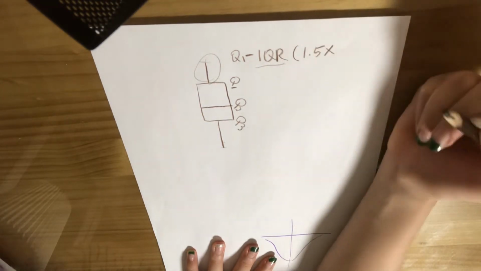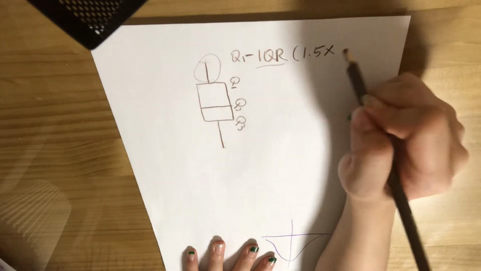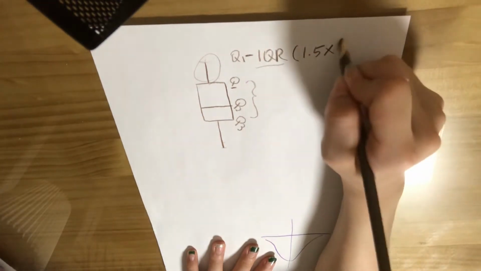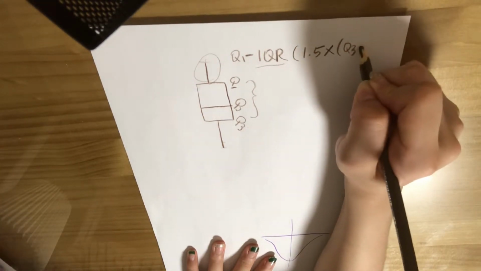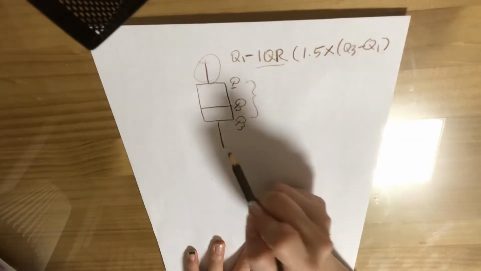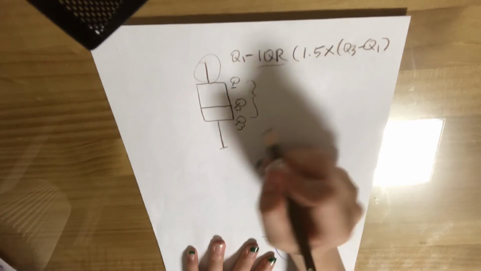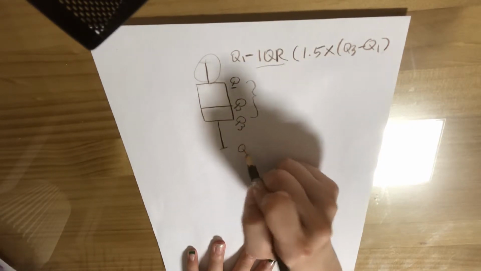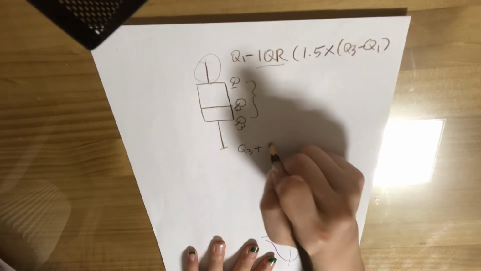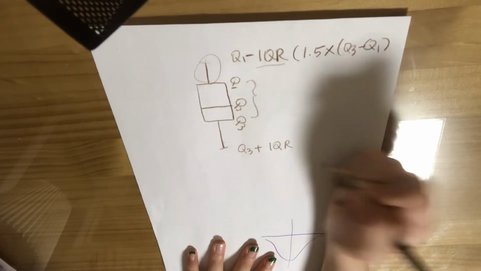1.5 multiplied by this part, Q3 minus Q1, and this part is Q3 add by IQR.